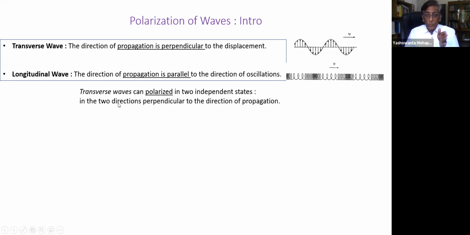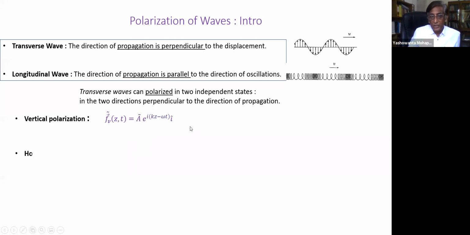If there is one propagation direction, then there are two perpendicular directions, and hence the oscillation can occur in those two, and we call that two independent polarized states. For example, if this is going in the z direction, then there is a vertical polarization, which will be in the i direction, or horizontal polarization, where it will be in the j direction, the y direction.